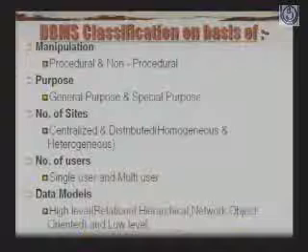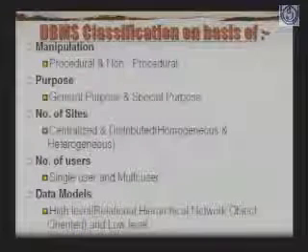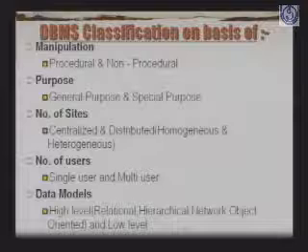The procedural part is taken care of by relational algebra, whereas the non-procedural part is taken care of by relational calculus. On the basis of purpose, the database is classified as general purpose or special purpose. Some databases are medical databases or bioinformatics databases, whereas some are general purpose databases in which every kind of information is available. On the basis of the number of sites, we have distributed databases and centralized databases.